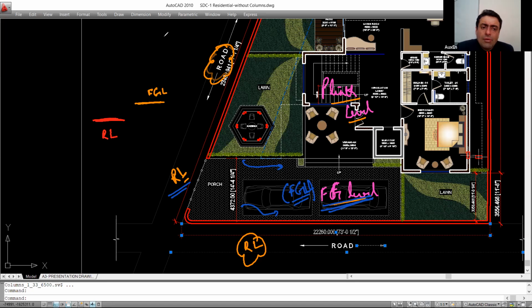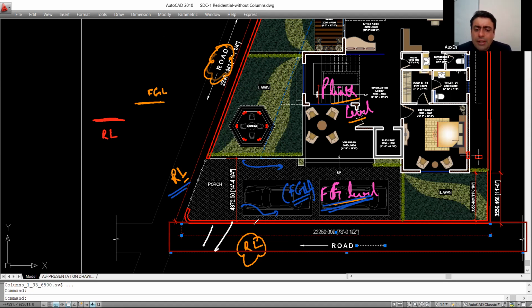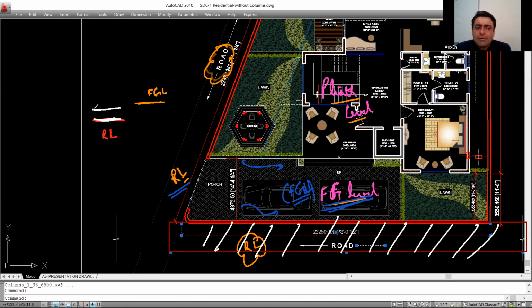In most cases they will just put a new layer on this, isn't it? Have you observed this type of thing happening in your cities? Many times they will just put another layer on top of the existing layer. So earlier your road level was here, now your road level reaches this level. Are you with me?